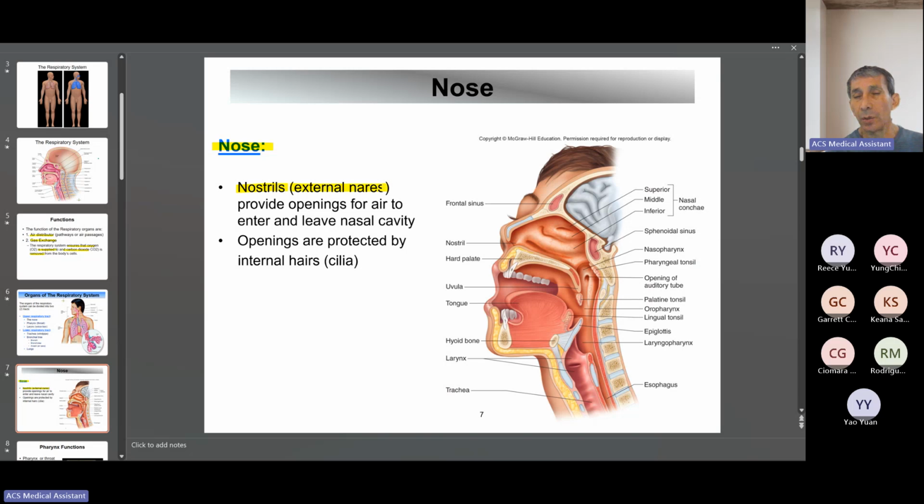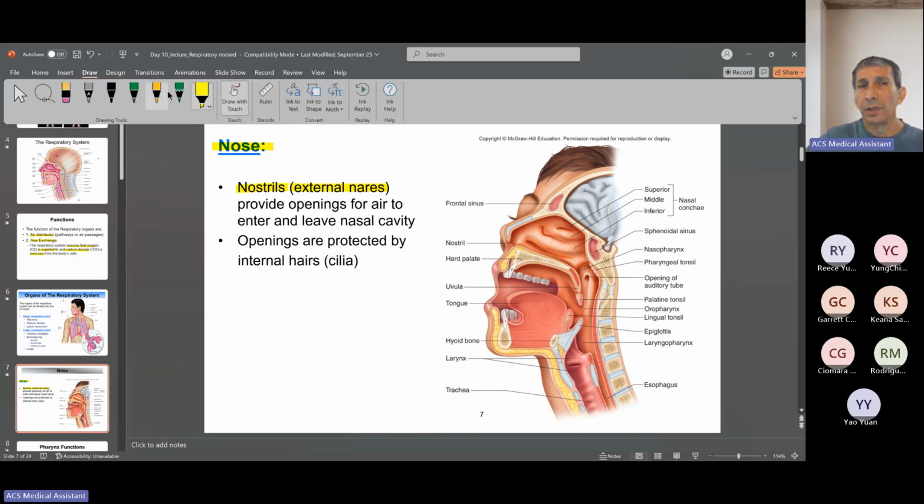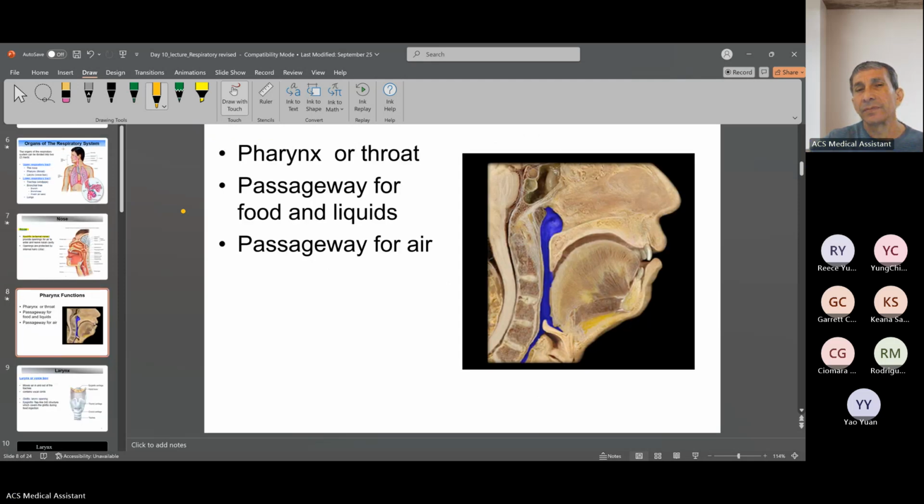But these hairs, called cilia, are very important because they trap all the dust, pollen, and some insects, so they don't allow them to come inside. So we have some functions within the nose, but most importantly is the passage of air through these openings. That will be the nose.